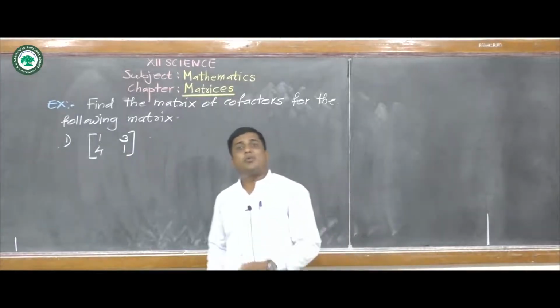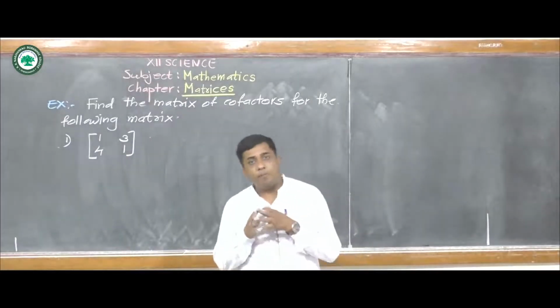We have to find the cofactor matrix, and to find it, firstly we find the minor of each element.